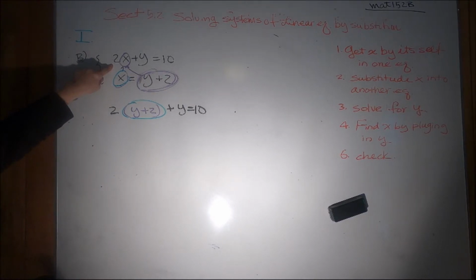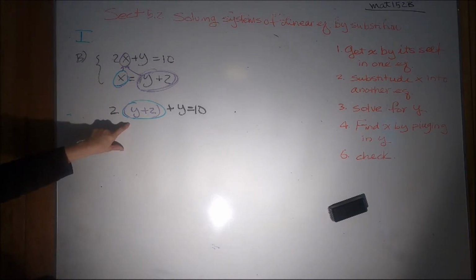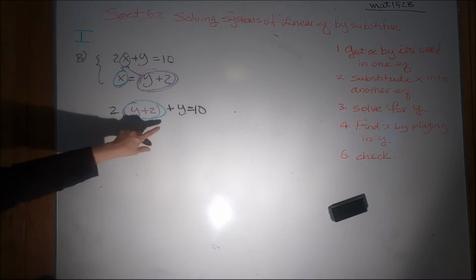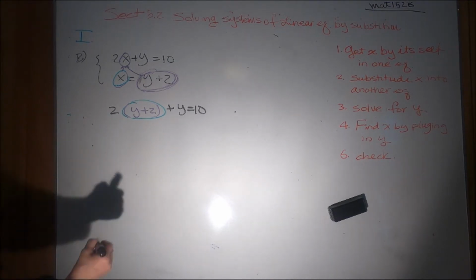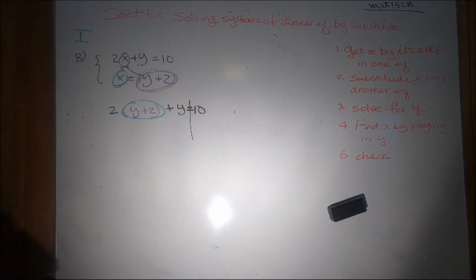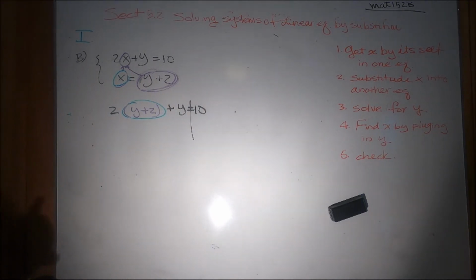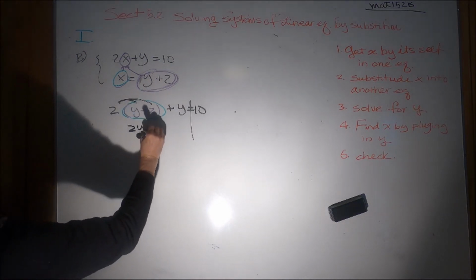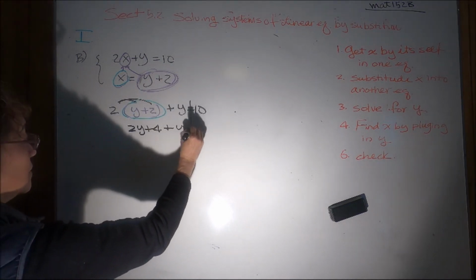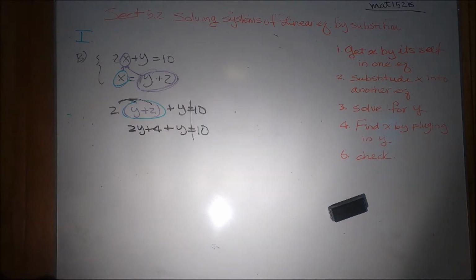If we do that, two variables, two equations, now what do we have? Just one variable, one equation. Can we solve it? Right? How should we start? Distribute. 2y plus 4, right? Then what do we do to solve a linear equation?